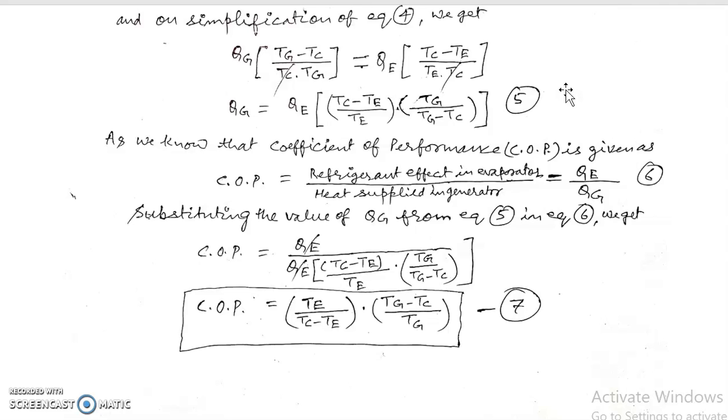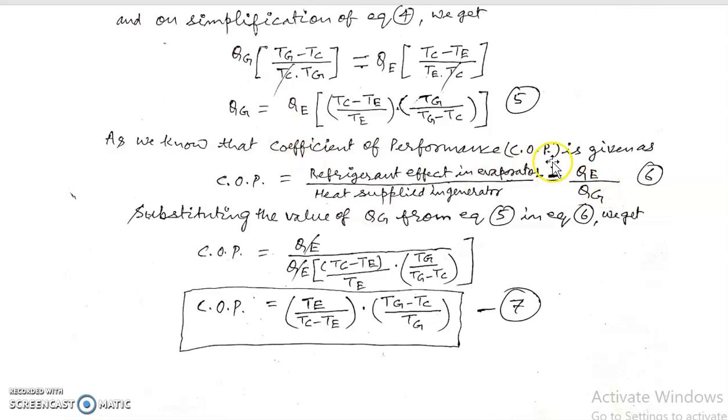Whereas in the vapor absorption system, since we had replaced the compressor by a combination of heat generator, absorber, pump, and pressure reducing valve, the heat input supplied to the system is the heat supplied in the generator. So the output of this vapor absorption system is QE, that is the refrigeration effect, and for achieving this refrigeration effect we have to supply heat QG in the generator.